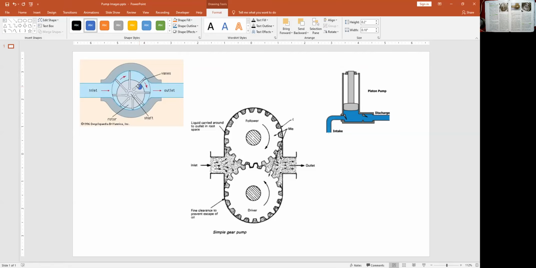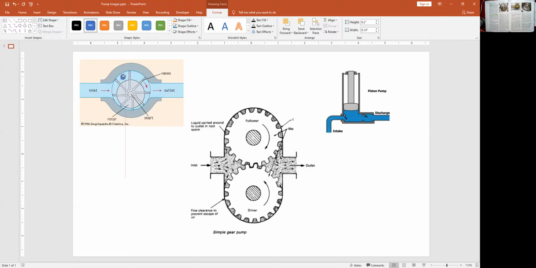So as the vane squishes down to the backside of this pump system, it pushes into its slot. And then at the very bottom here, it's completely compressed by a little spring down into its slot. And then when it spins back up to the inlet, it starts popping out of its slot.